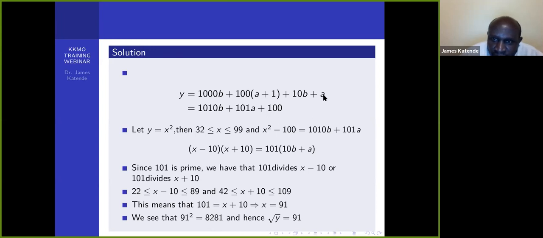If the units digit was a, the hundreds digit was the units digit plus 1. So again, it works here. The units digit is 1, the hundreds digit is 1 plus 1. So a is 1 and b is 8. This fits the description in the question, and therefore our answer is 91. And we have confirmed that there's no other answer. This is the only answer in the given intervals that we were able to obtain.